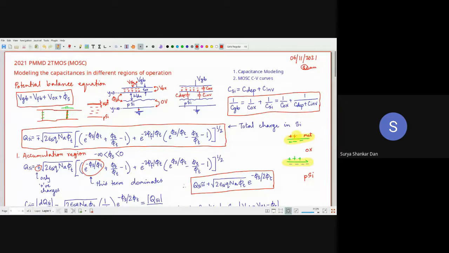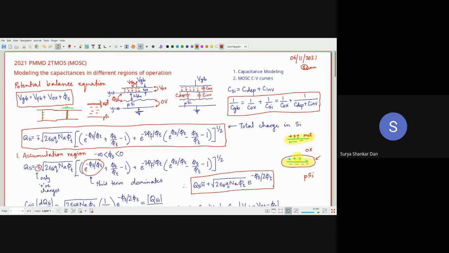Now, when we are speaking about all the depletion charges inside the silicon, inversion charges, they are all happening in this particular region, the oxide silicon interface. And the metal oxide interface is here.